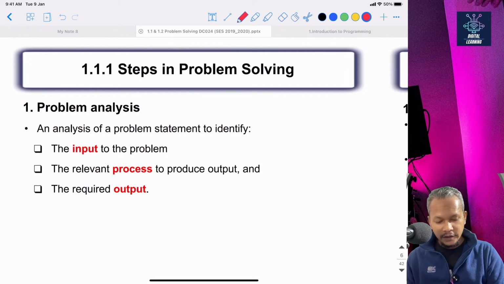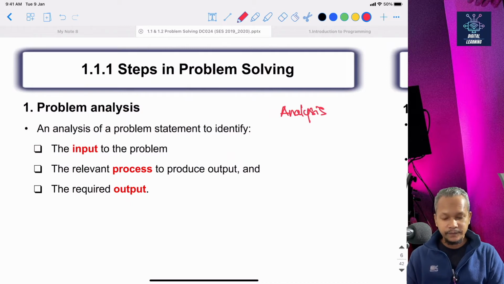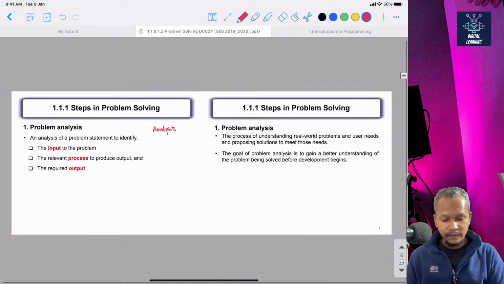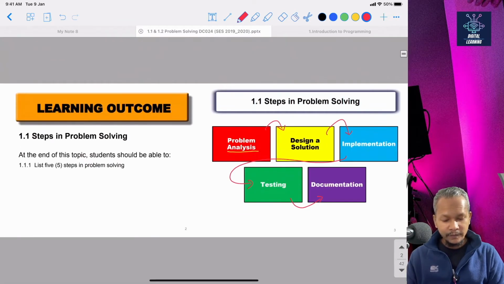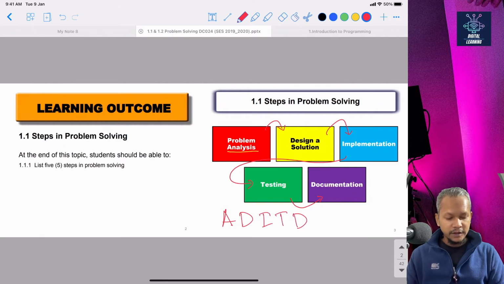If you can remember, we have analysis, and then second is design, implementation, test, and documentation. So maybe you can make an acronym for this one.